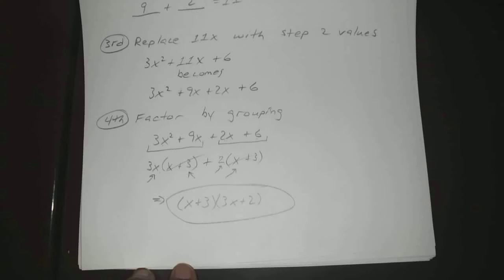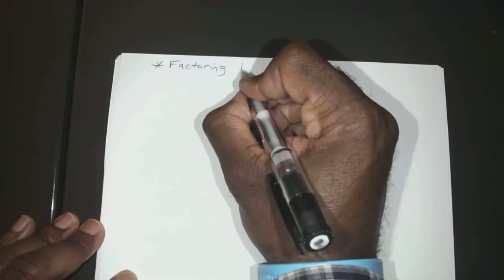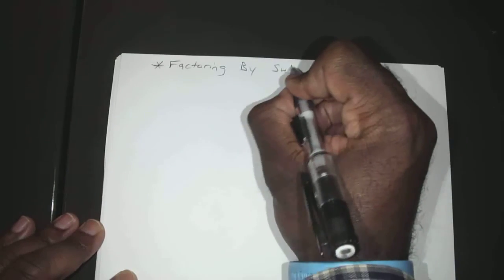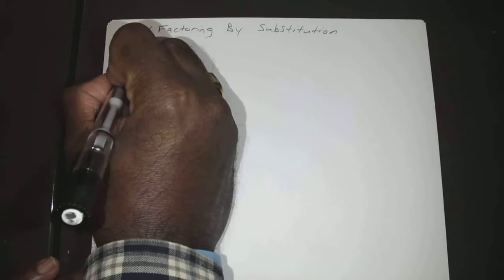All right. Okay, so let's say if we wanted to, let me get this. This is factoring by substitution. Okay, so we're going to go through these step by step.